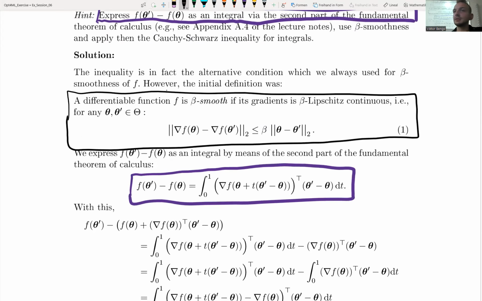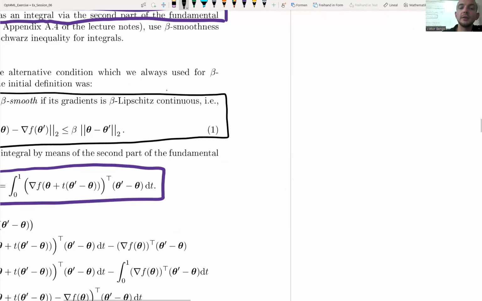So perhaps a side remark: if you have f differentiable, then you can always express f b minus f a as the integral of the gradient of f theta, or the partial derivative in the univariate case, where we integrate from a to b.